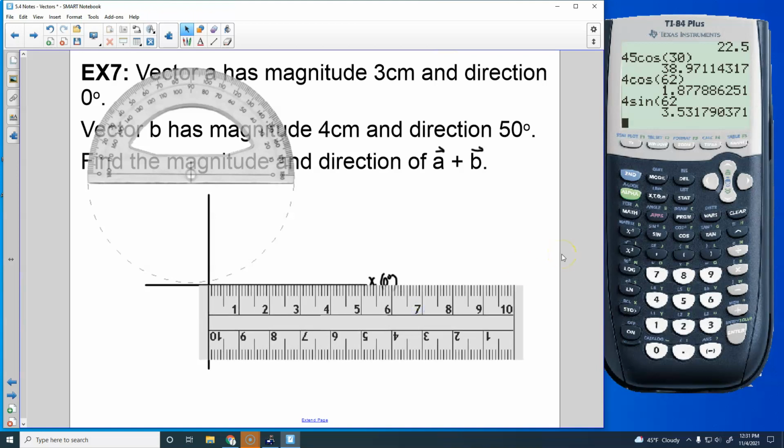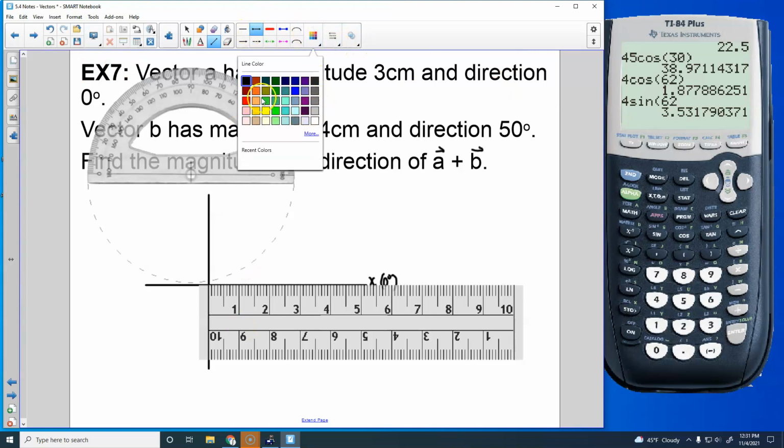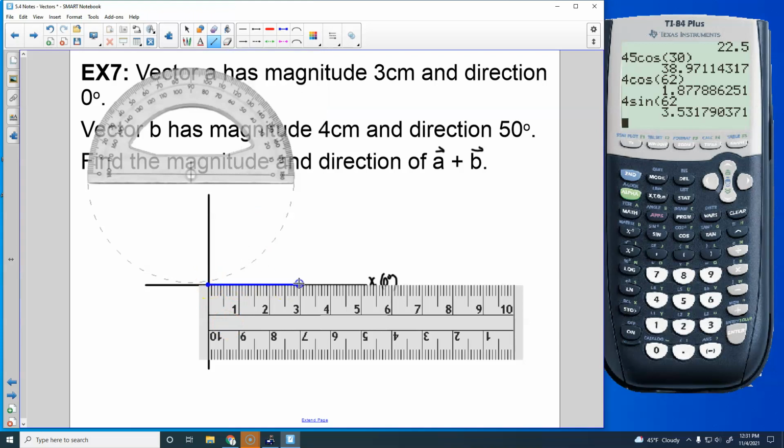So we have a direction of 0 degrees and a magnitude of 3 centimeters. So when we draw this vector here, you guys just kind of draw one that looks like what I've got. I'll give you the rulers and stuff here in a minute. But we'll use blue for this one. We got a vector that's in 0 degree direction and it has a 3 centimeter length.